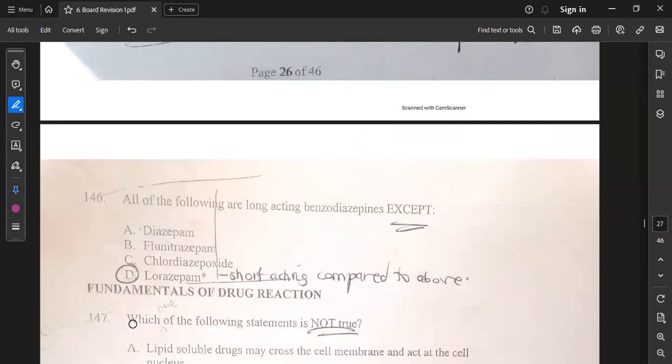All the following are long-acting benzodiazepines. So someone can give us those lists. Long-acting, short-acting benzodiazepines. And I think there is one that is shorter than short. I'm forgetting the term. Can someone mention them? List them, and maybe type it.